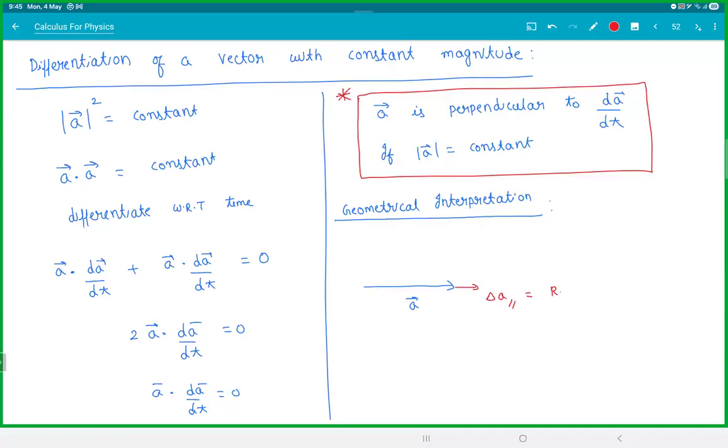Delta A parallel, I'll just put 2 parallels there. This is responsible for changing magnitude. This is going to stretch the vector or compress the vector. The other one is delta A perpendicular. This is responsible for changing direction.